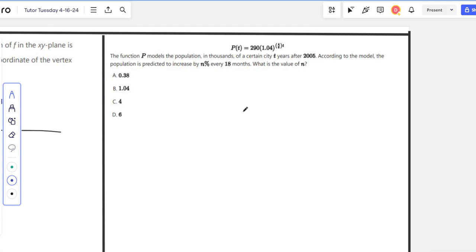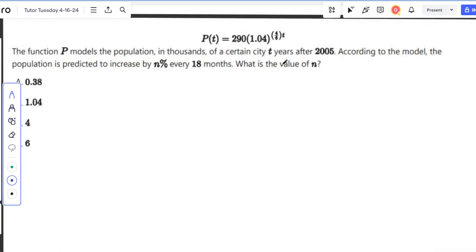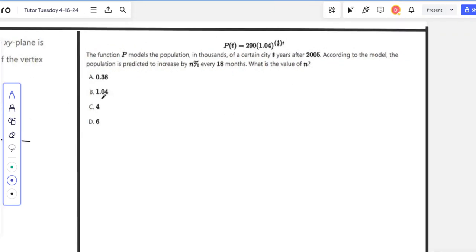According to the model, the population is predicted to increase n% every 18 months. What's the value of n? Every 18 months is a really weird way to put it, but that's fine.